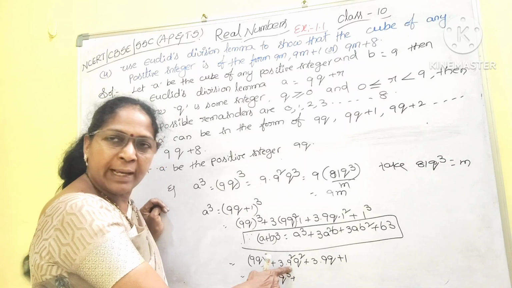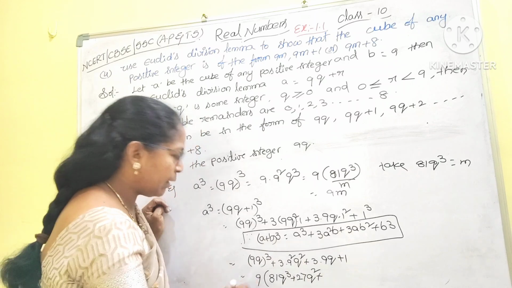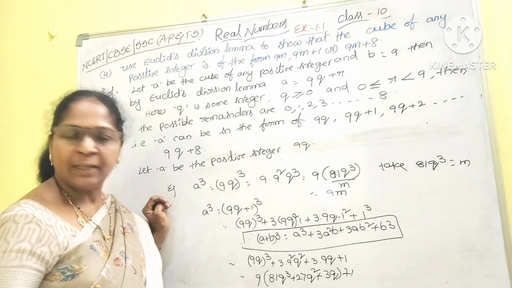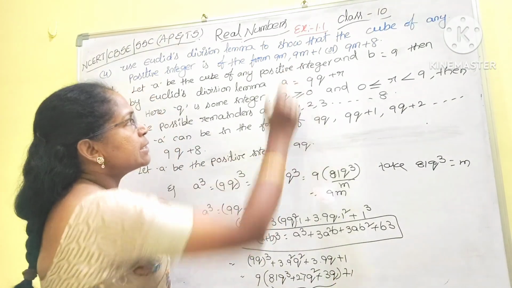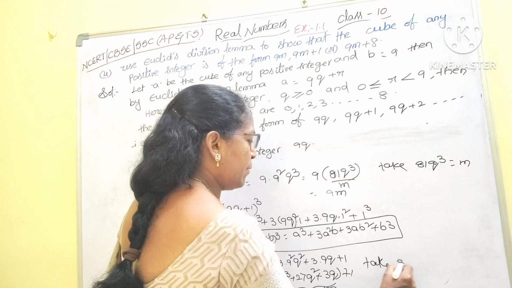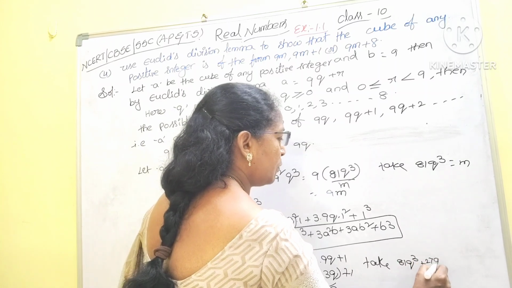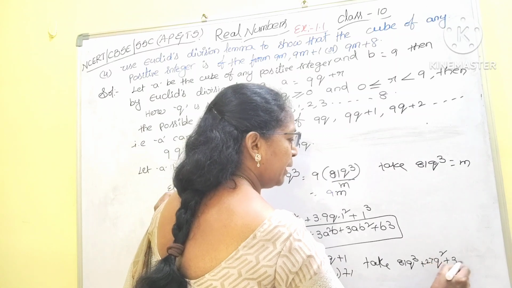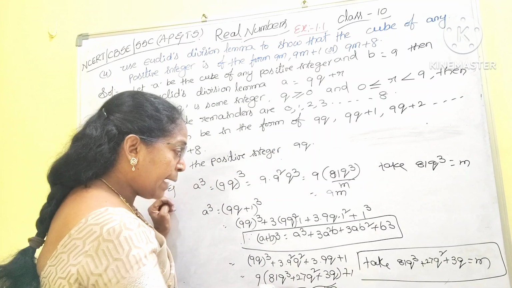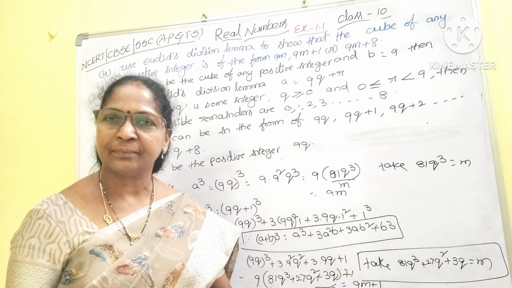So one more 9 is taken, 3 9s are 27Q square, plus 9 already taken, so the remaining is 3Q plus 1. Again this entire value you have to consider as m. That means take 81Q cube plus 27Q square plus 3Q equal to m. So this value equals 9m plus 1.